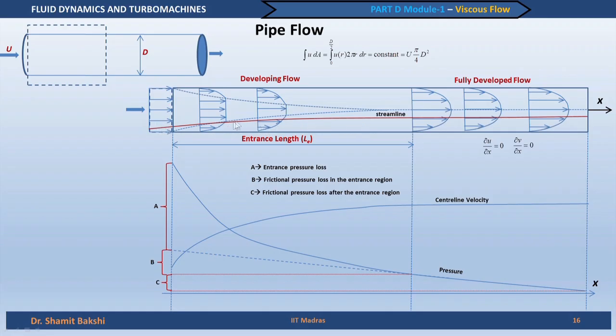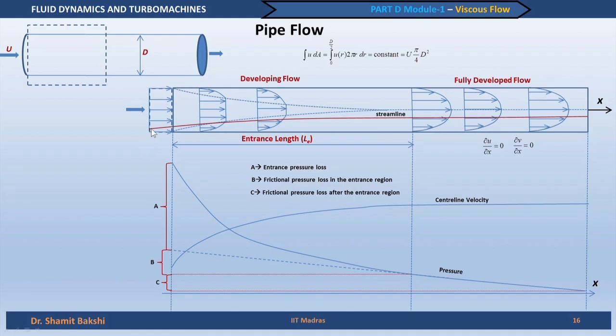So, this red curve actually shows the streamline. This is also demonstrating the fact which we discussed in the last few lectures, that when you have a boundary layer flow like this, then the streamlines actually bend. So, it bends away from the boundary layer.